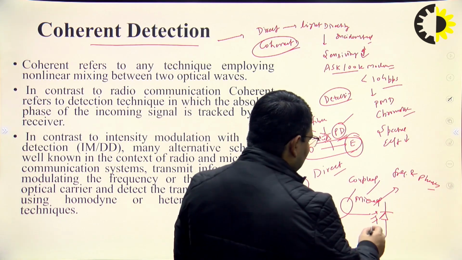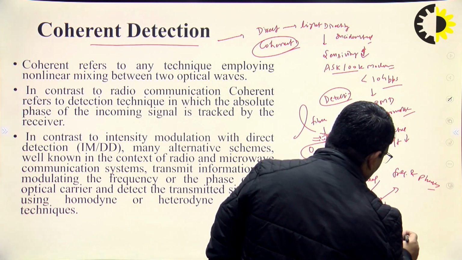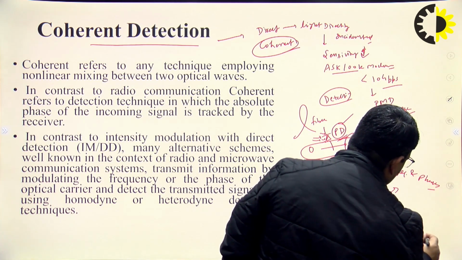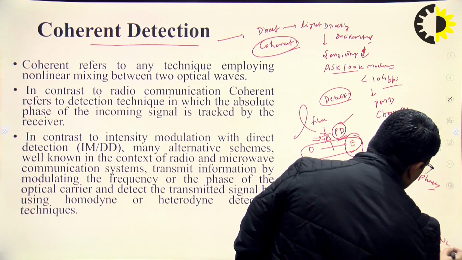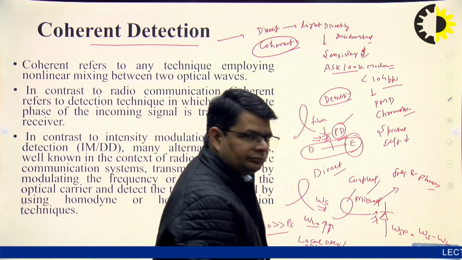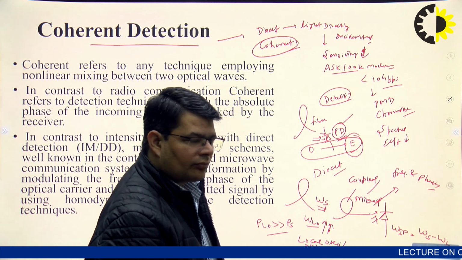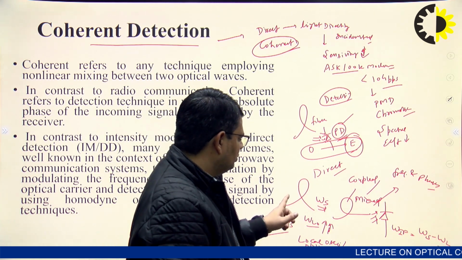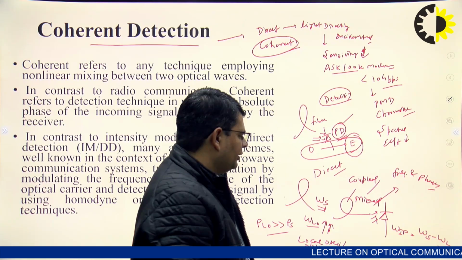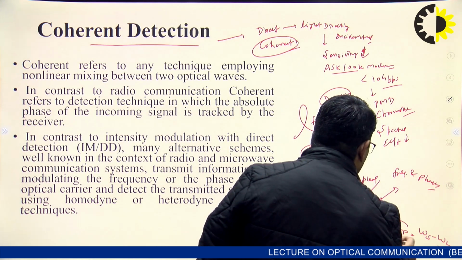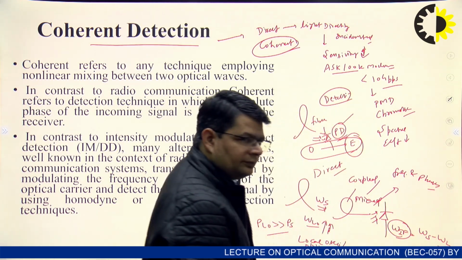Then what we get here is the intermediate frequency WIF, that is WS minus WL. So we get an intermediate frequency signal.